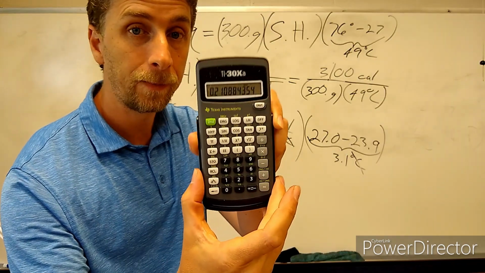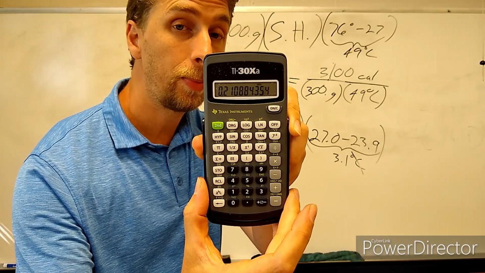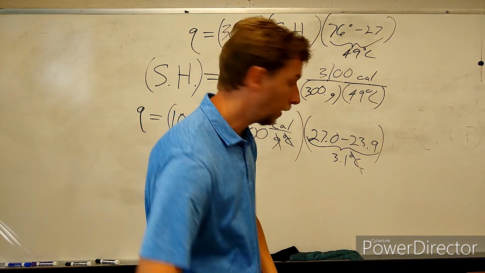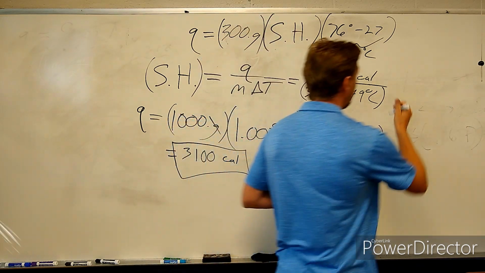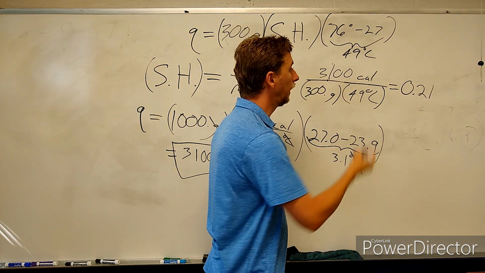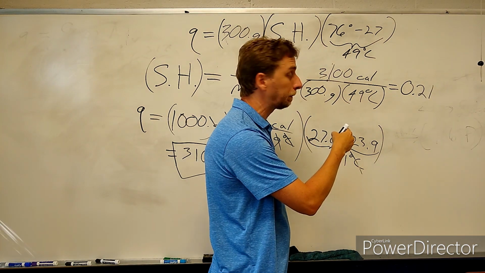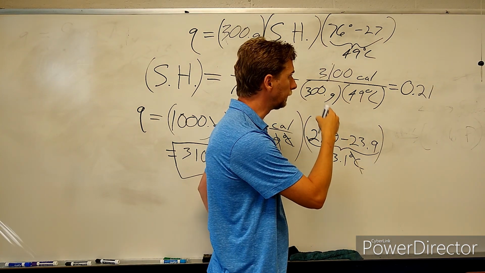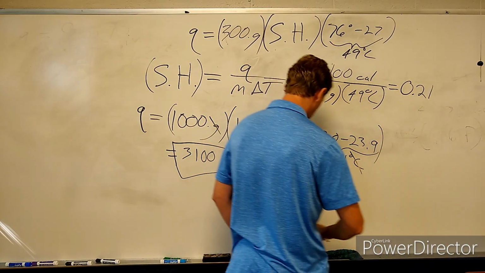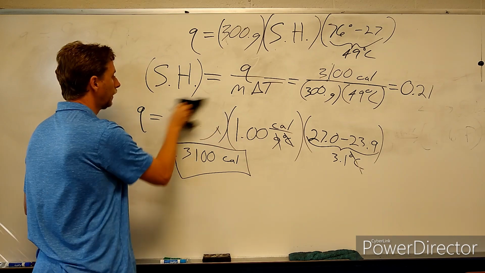What do I get? 0.21. All right, 0.21 is the final answer for this problem, 0.21. We need the units on that. Running out of space here. The units is going to be, I'll just rewrite it down here real quick.